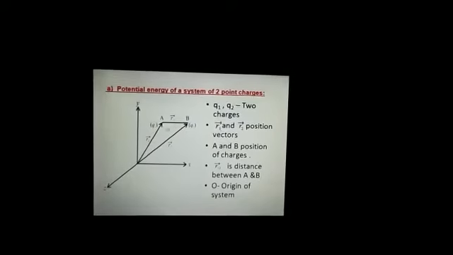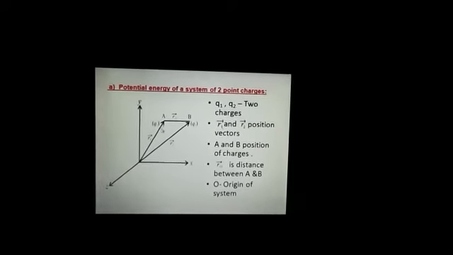To calculate the potential energy of this system, we have to assume that the charges Q1 and Q2 are first at infinity. We have to bring them from infinity to their given locations. Now first we bring the charge Q1 to the position A, having position vector r1.